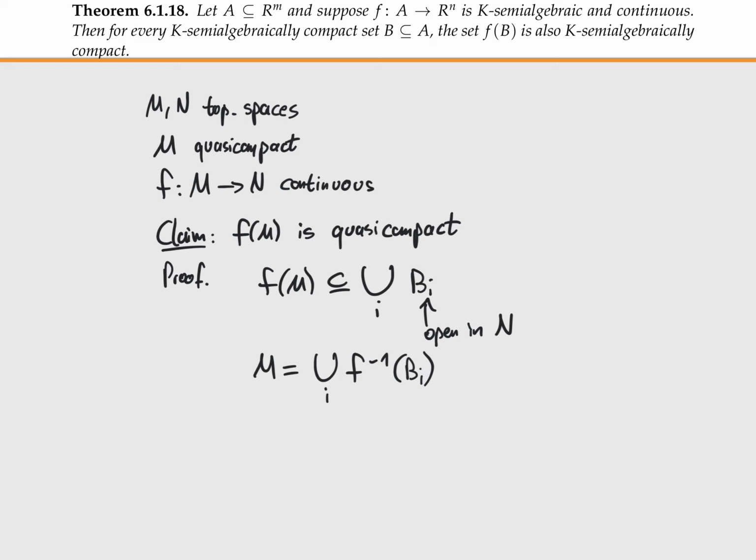Now, since these B_i were open and F was continuous, all these are open subsets in M, and therefore there is a finite subcover. And then from this you get the corresponding finite subcover here. And okay, then you are done.